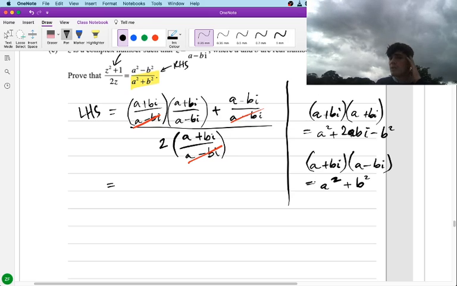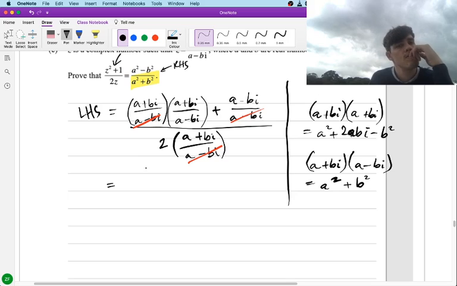So what I'm going to need to do is multiply by this, obviously, a minus bi. And I'm going to need to get rid of this 2. This 2 is useless, so I'm going to bring that 2 up. You know, I just realized we've got an a minus bi up here already.